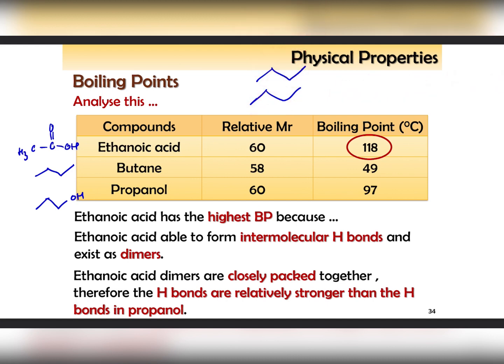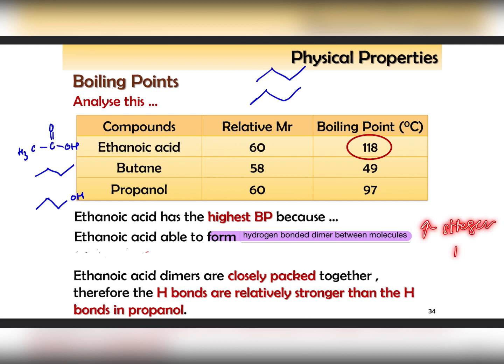So that is why butane has the lowest boiling point. Okay, so why ethanoic acid has the highest boiling point? This is because ethanoic acid has the ability to form hydrogen bond dimer between molecules. Because of it is closely packed together, that will make the hydrogen bonded dimer between the molecule will have stronger intermolecular forces untuk ethanoic acid compared to propanol. Okay.